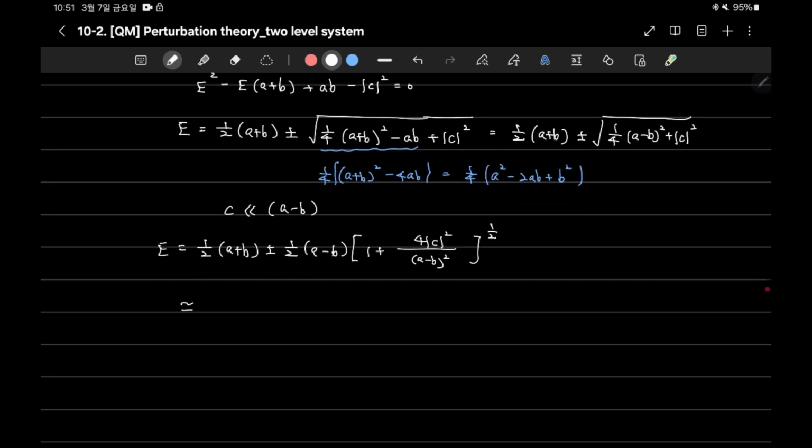And it can be approximated by 1 half A plus B plus or minus 1 half A minus B times 1 plus 2C square over A minus B square.